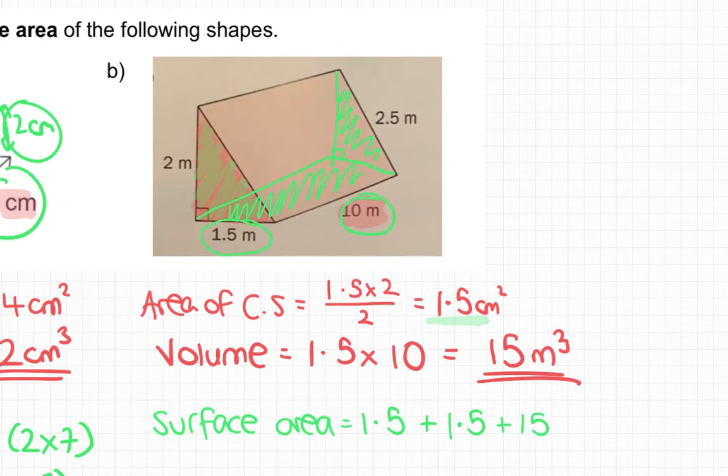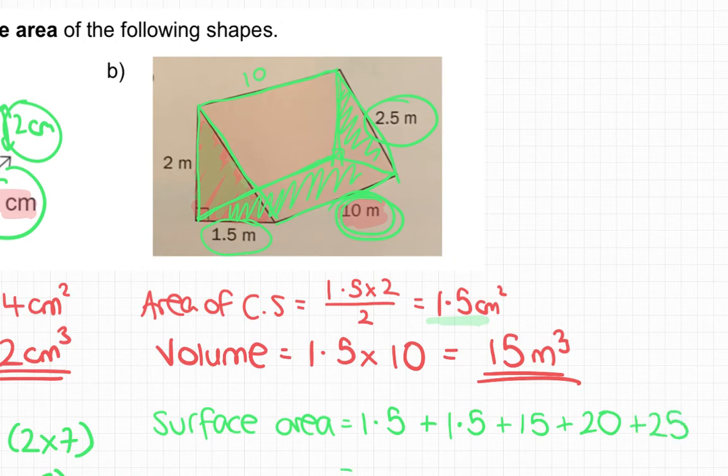If I then look at the back, this vertical plane here, that distance is 2, that distance is 10. So that is another rectangle, 2 times 10, which is 20. And then lastly, if I look at this slanted face at the front, the sloped edge, the base is 10, the height is 2.5, 2.5 times 10 is 25.